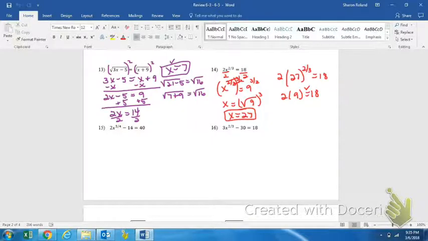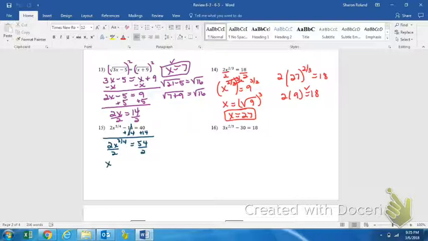All right, on number 15, we've got to isolate the x before we can get rid of that rational exponent. So you have 2x to the 3/4, and that cancels, so it equals 54. Divide both sides by 2.